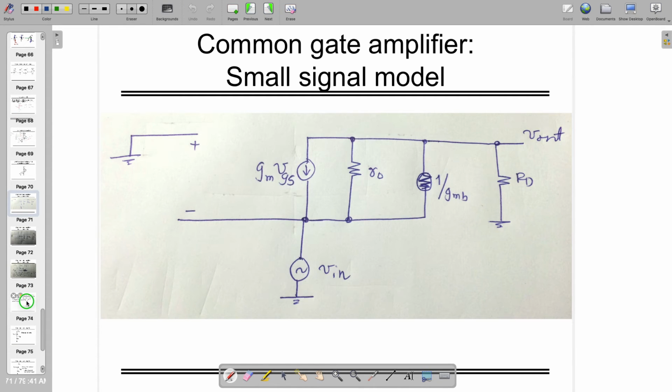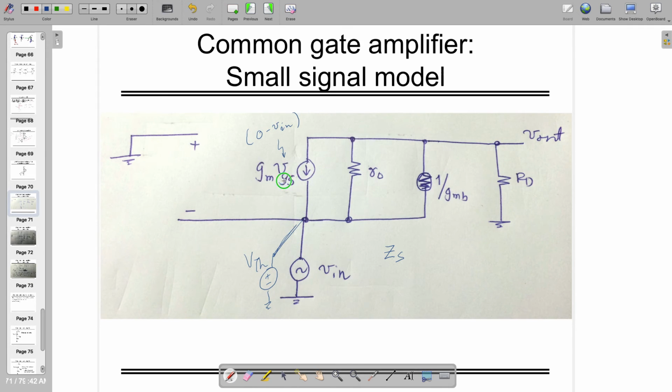You have to note that when you are finding out the source impedance, you are giving the known Thevenin potential from this side, right? Earlier we used to do that, and when we were doing this, we were experiencing that the current is flowing in this direction, which was opposite. But in the case of the common gate amplifier, VGS is actually 0 minus Vin. Can you see?